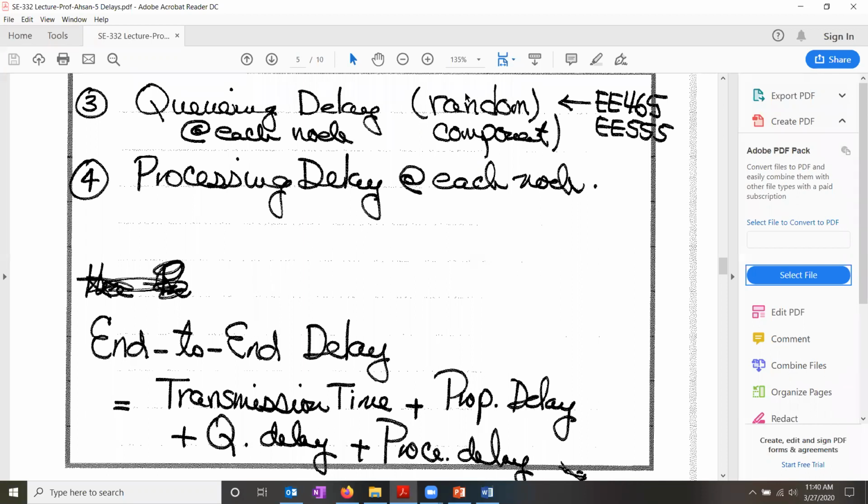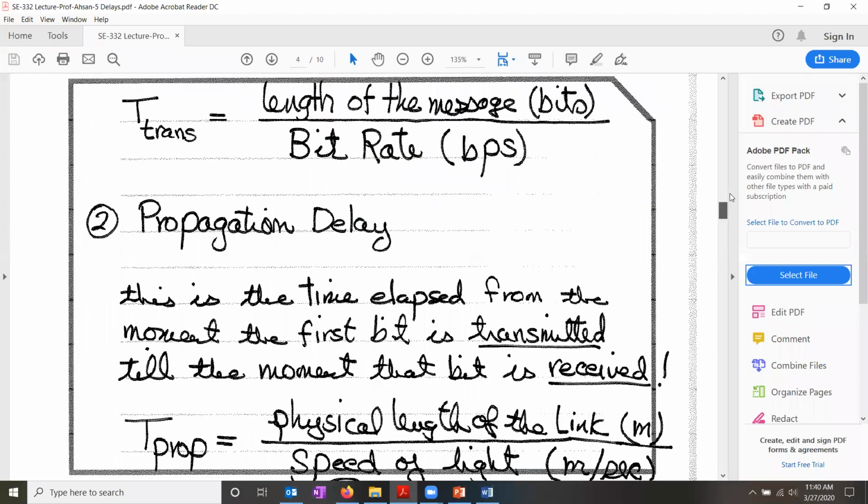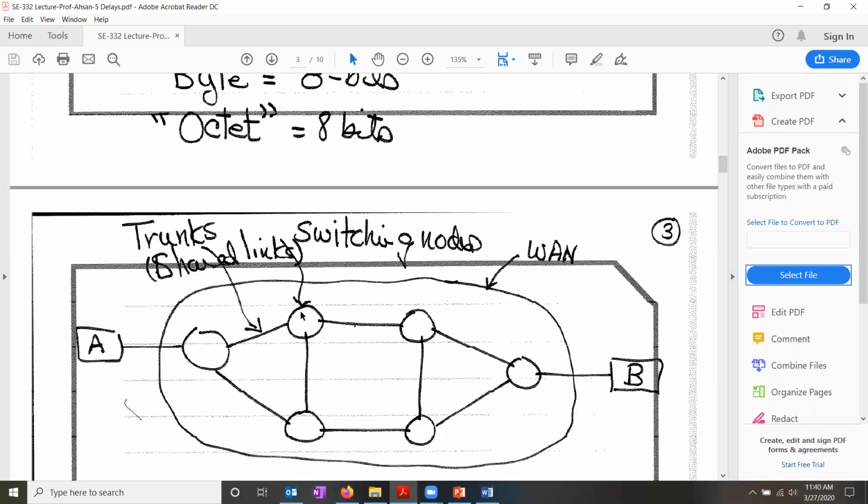Keying delay is a random component, meaning keying delay varies at every node. At every node, the keying and processing delays are different depending upon the congestion on these nodes and the speed of the packets that are coming in the node and are being sent outside the node or on the outer interface.